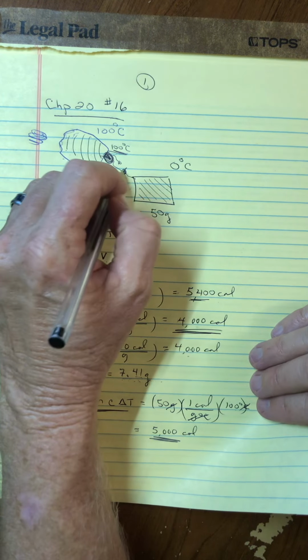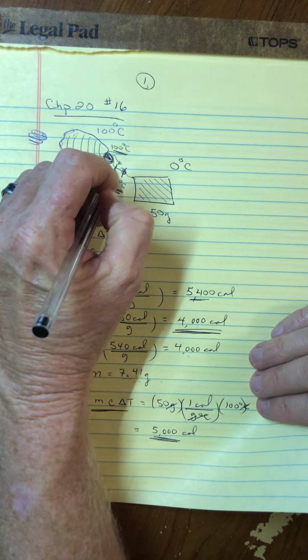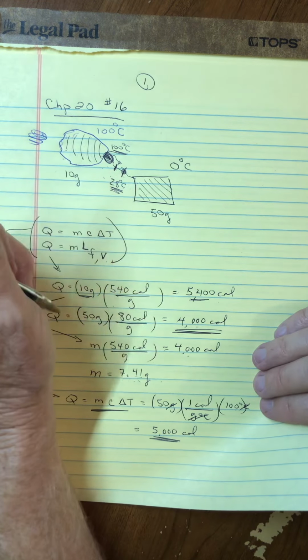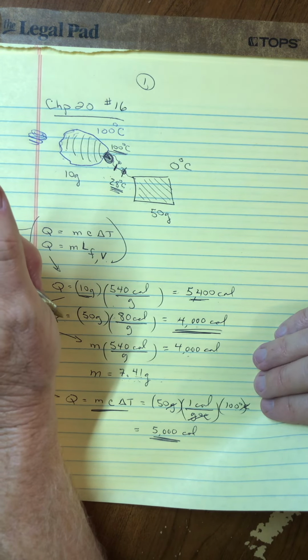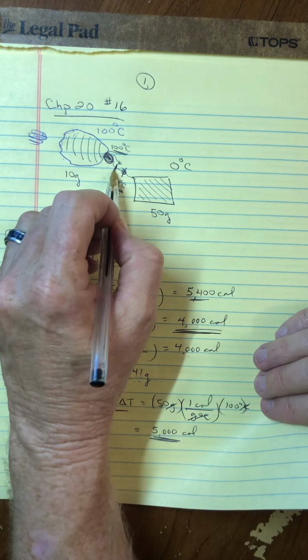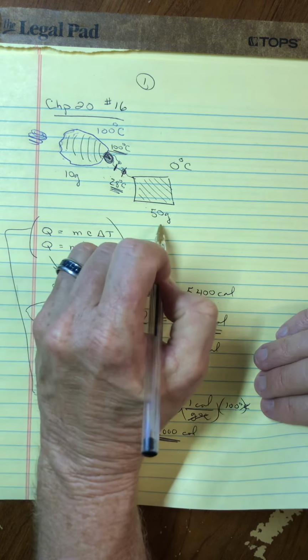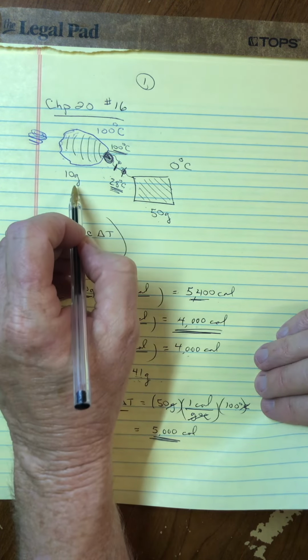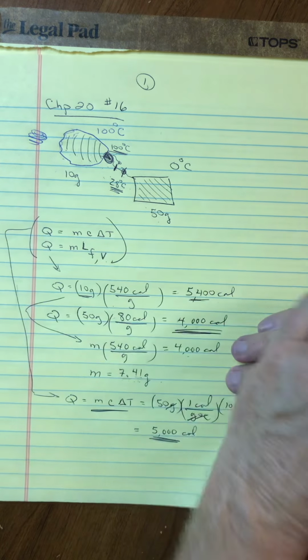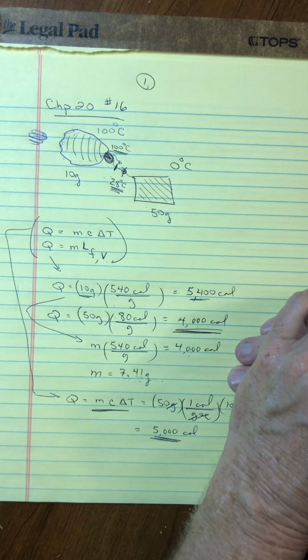And the water that came from the ice is going to warm up, and they're going to meet someplace between them. Now, we have a lot more of the colder water, 50 grams, than we do of the warm water. So it's not going to meet in the middle.